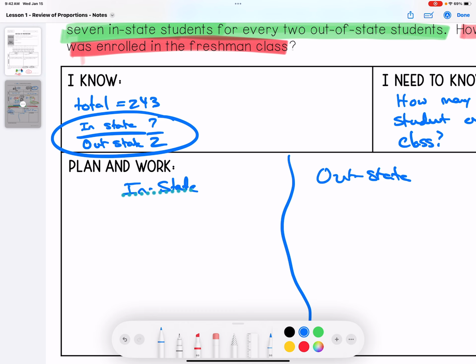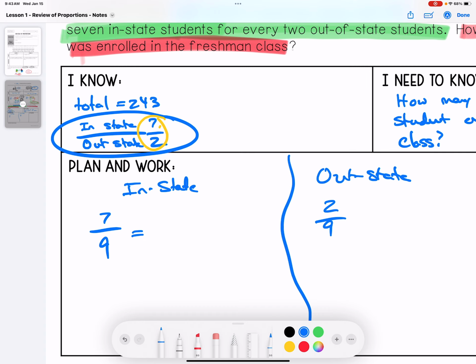Out of 9 kids, 7 are in-state. How did I get that? Because how many total kids is in that first ratio there? 9. So there's 7 in-state to 9 total. So what would the out-of-state ratio be? 2 to 9.